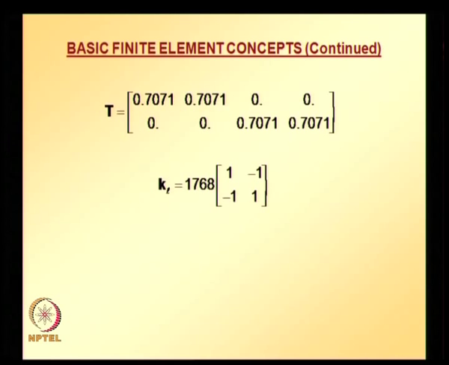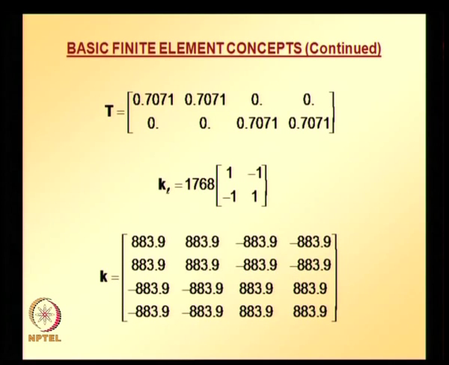And once we have the transformation matrix and local stiffness matrix, global stiffness matrix is given by T transpose K L T. So, that is given by this one.